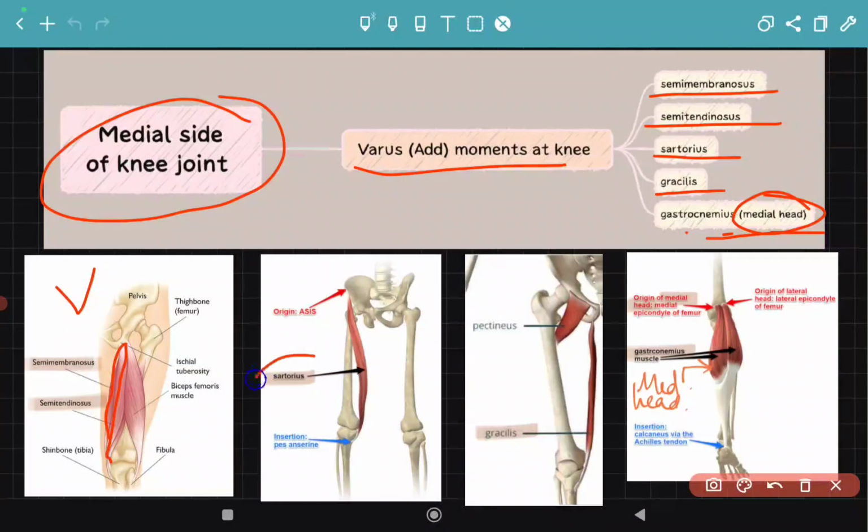Then sartorius, also producing varus or adduction movement. Then gracilis at the medial side of knee joint can be appreciated very well, also produces varus movements. And the last is the gastrocnemius, this time only the medial head, producing varus movement at the knee joint.